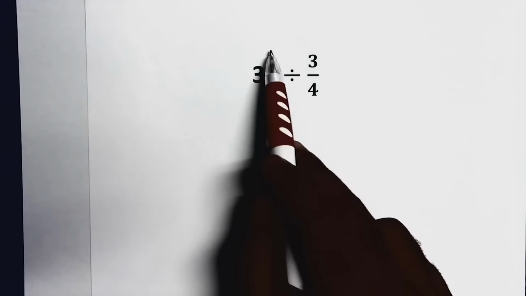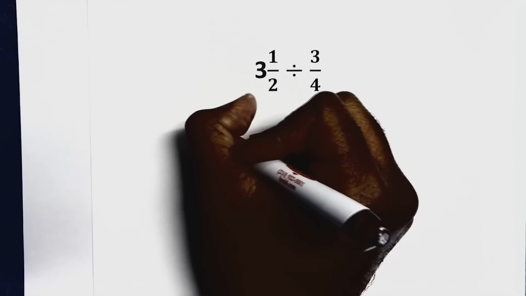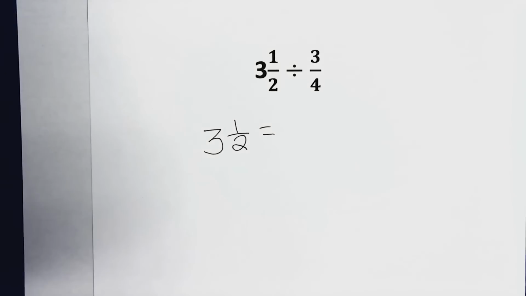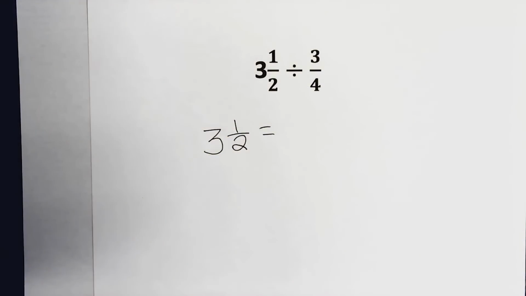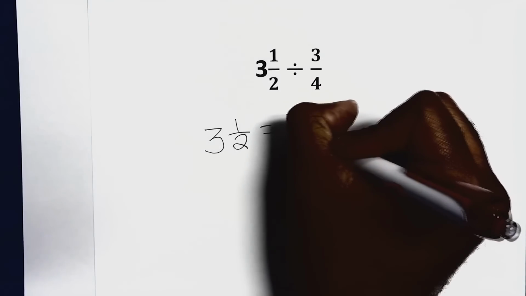So let's change this mixed number to an improper fraction. So I know I have 3 1/2, and I'm going to change that into an improper fraction. What's my improper fraction I'm going to change this to? Correct. 7 halves.